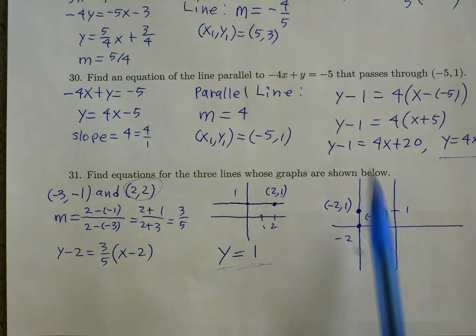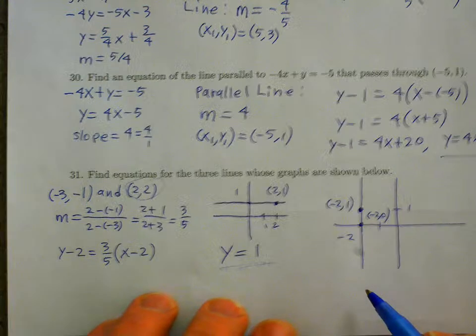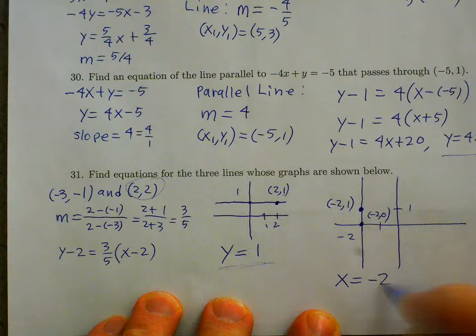So you notice that every point on that vertical line has the same what? X coordinate. Yeah, each point has the same x coordinate of -2. So the equation for that vertical line is x equals -2.